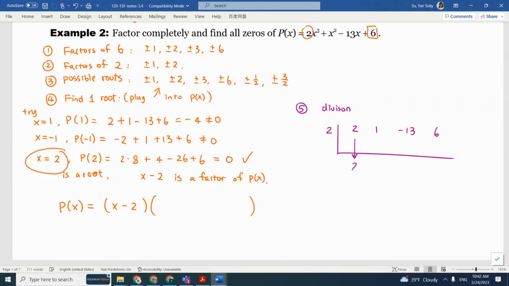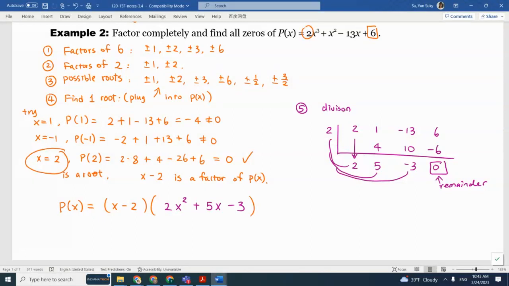What do we do? Bring down the 2. 2 times 2 is 4. 1 plus 4 is 5. 5 times 2 is 10, negative 3, negative 6. Do you see the remainder is 0? Yes, that's always the case because we're saying that 2 is a root, so the remainder is 0. So what's the quotient? 2x squared plus 5x minus 3.